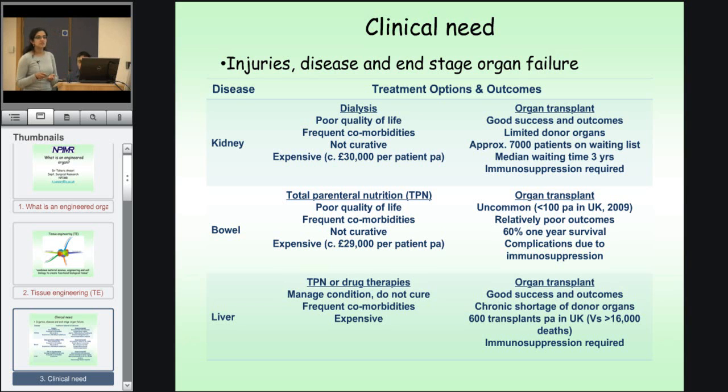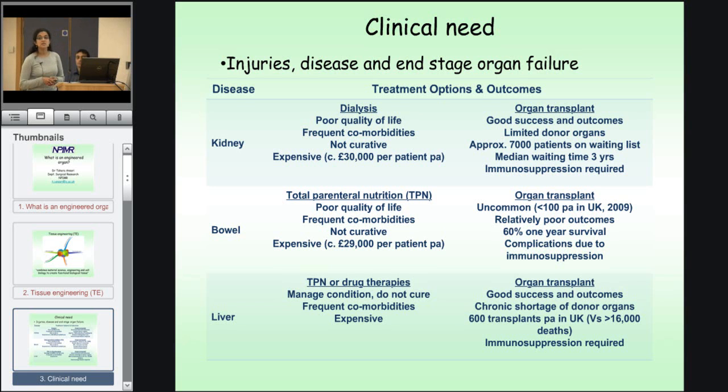From the previous speakers, we know that there is a significant and substantial shortage of donors, and if we look at the kidney, bowel, and liver as an example, what we see is that for the kidney, there are approximately 7,000 patients on a waiting list, and the median waiting time is 3 years. If we look at the bowel, fewer transplants are done.